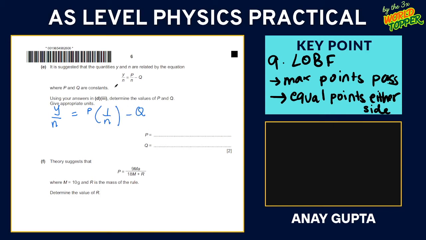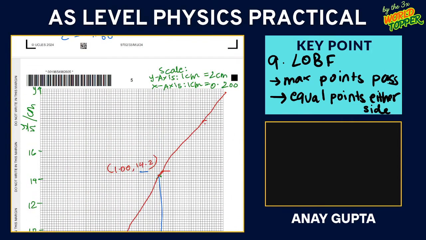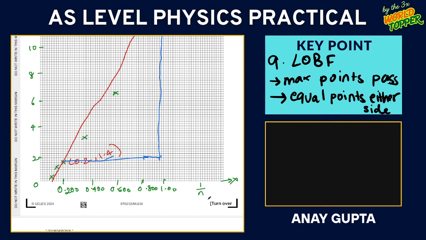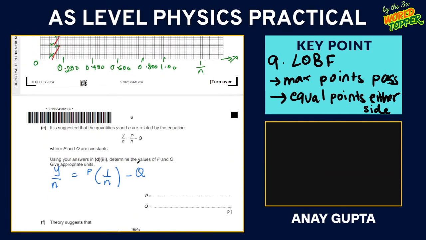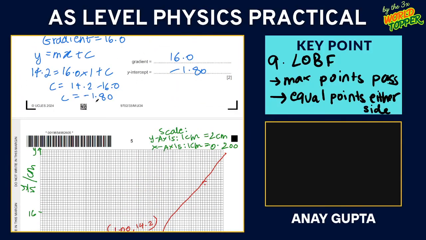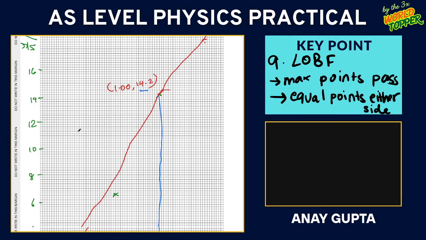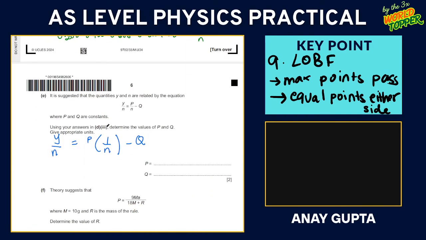Now, if you notice, guys, in our previous equation, y by n is plotted on the y-axis, and 1 by n is plotted on our x-axis. So this is almost equal to the equation y equals mx plus c that we have had over here. So what we will say here is p equals gradient, and be careful, guys, this is minus q.